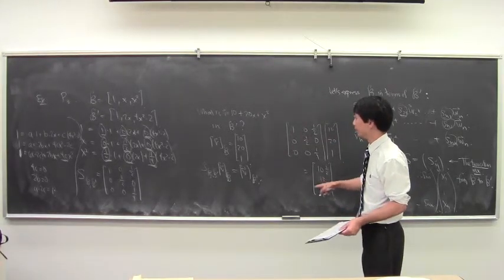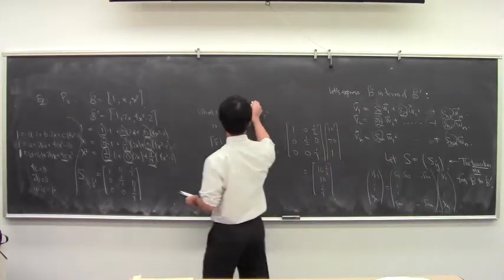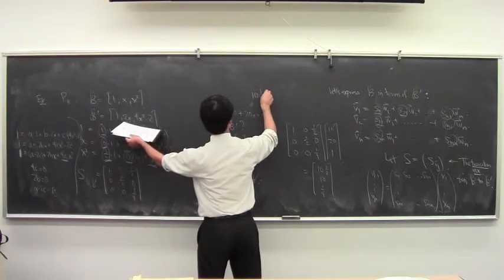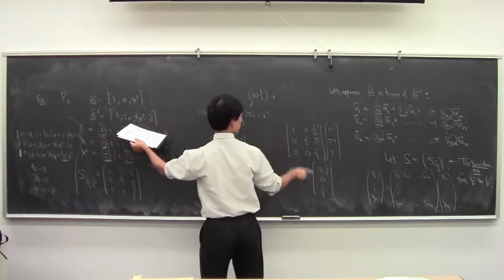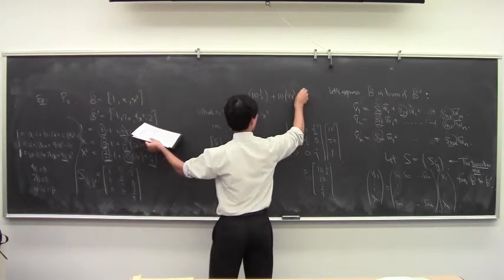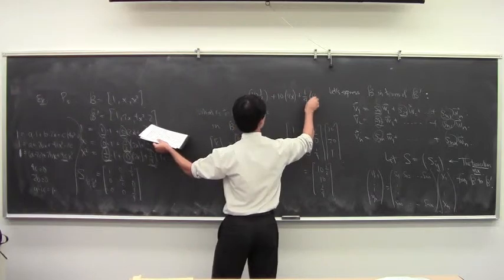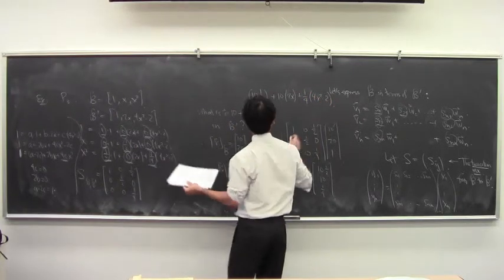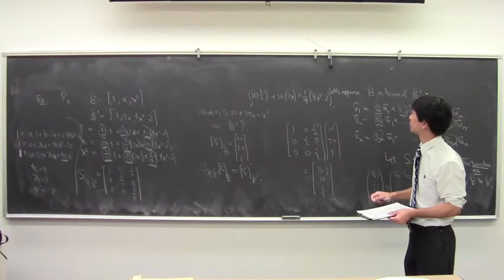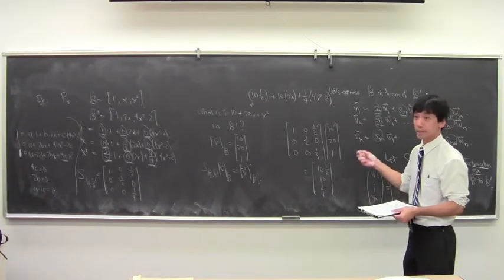So that tells you that this thing is going to be 10 and a half times the first guy, plus 10 of the second guy, plus a quarter of the last guy.